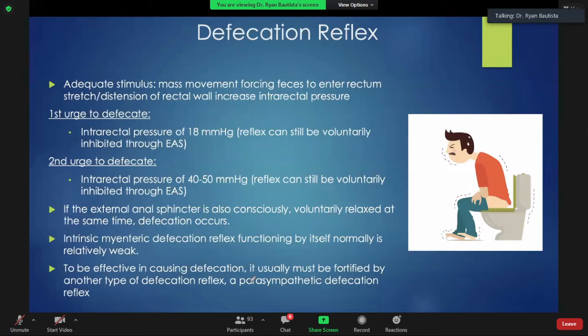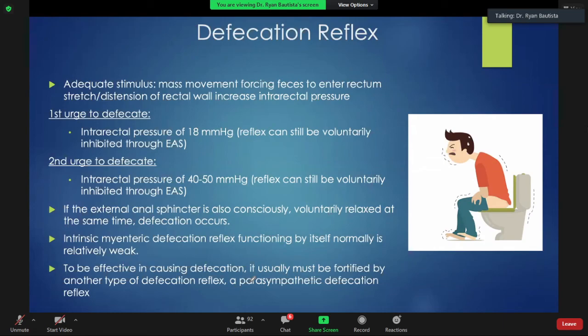But when it reaches around 40 to 50, that's the time you will see feces go out in your underwear. That reflex can still be voluntarily inhibited by your external anal sphincter, but if it exceeds 40 to 50, that's the maximum, and you will let go of the feces. If the external anal sphincter is also consciously, voluntarily relaxed at the same time, defecation occurs. That's why you can voluntarily defecate.